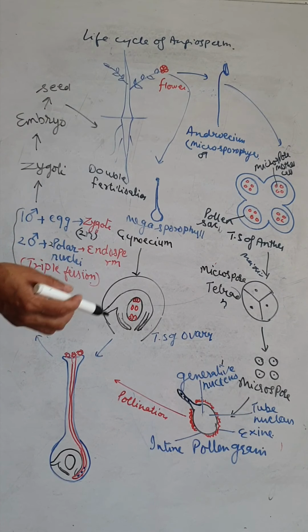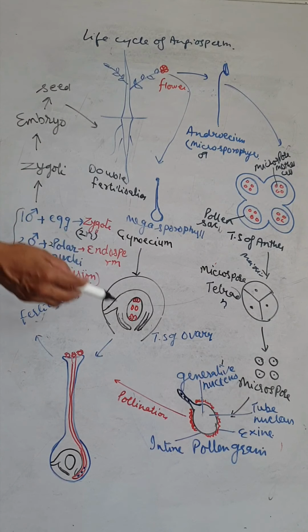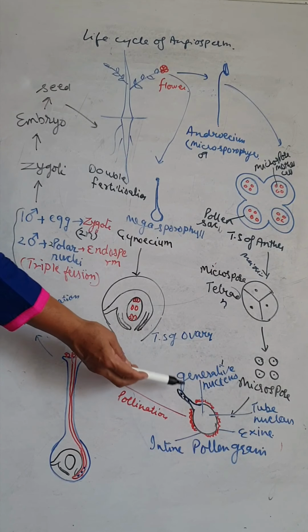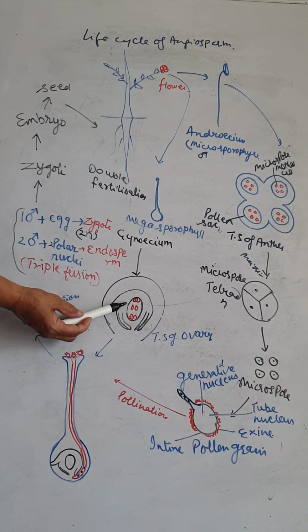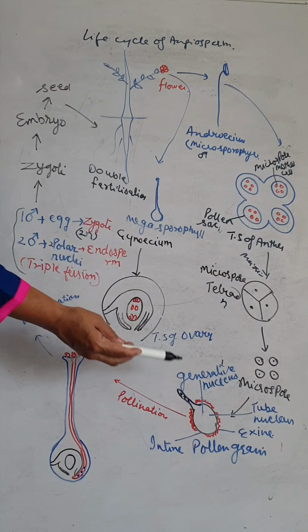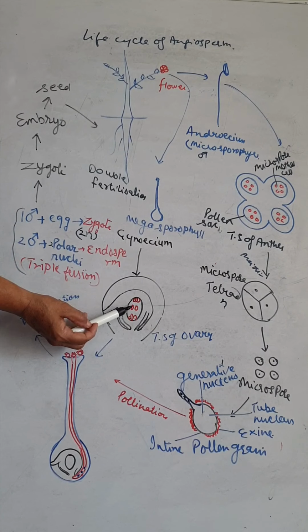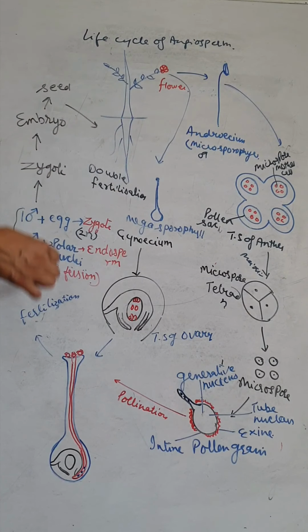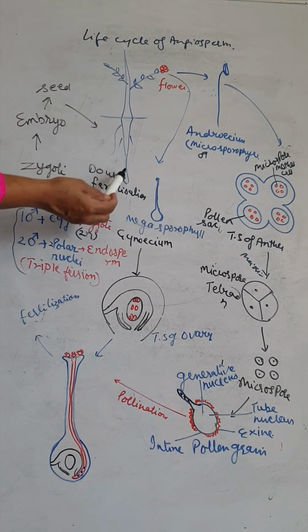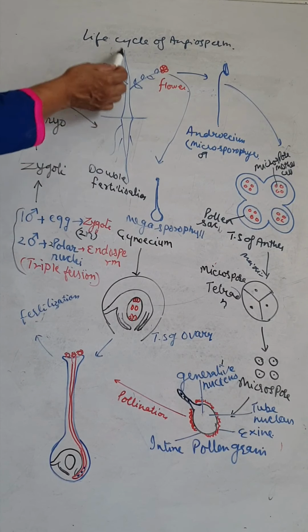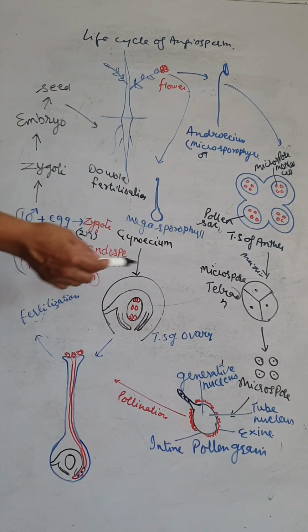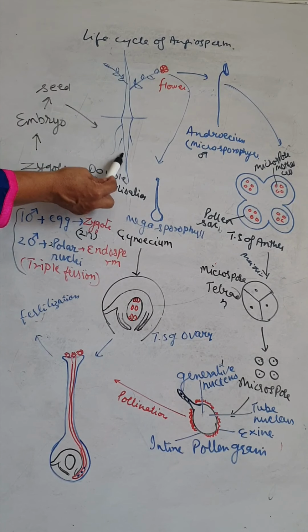The gametophyte phase, as I told earlier, is this one and this one, the male gametophyte and female gametophyte. These are haploid structures. They develop for a short period, and the others are the sporophytic phase. Again the sporophyte is developed.